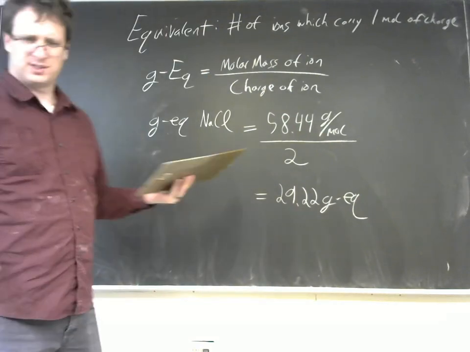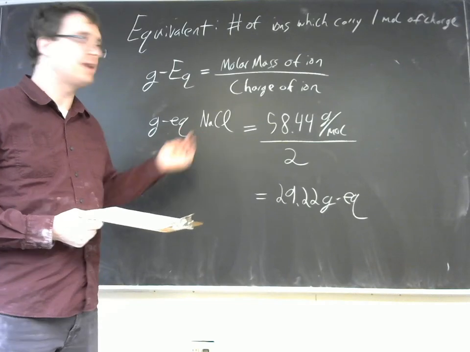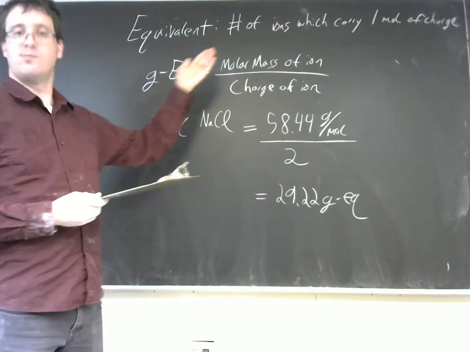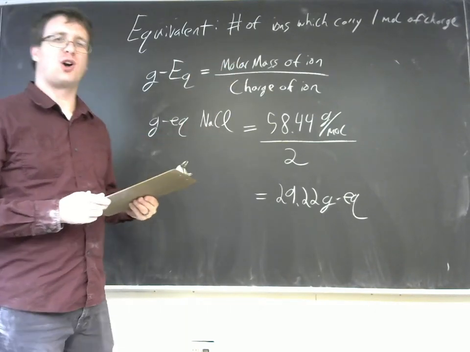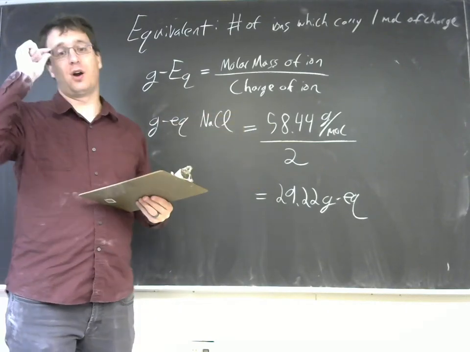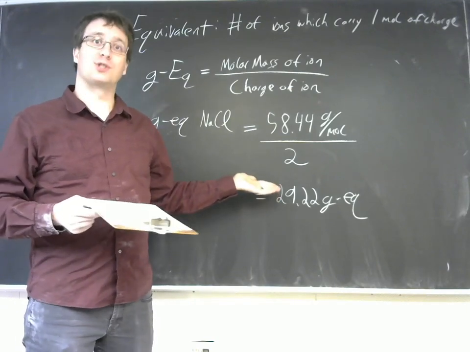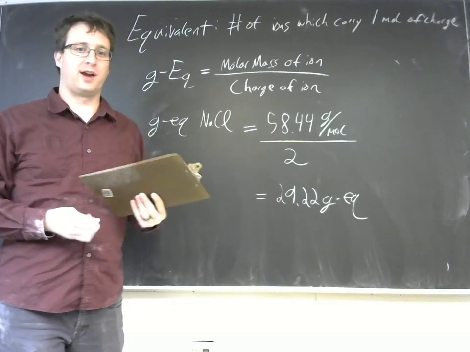In other words, if I weigh out 29.22 grams of sodium chloride, then that will have 1 mole of total charge, a half a mole of positive charge and a half a mole of negative charge. And I could use that to make a solution that has the desired amount of charge.